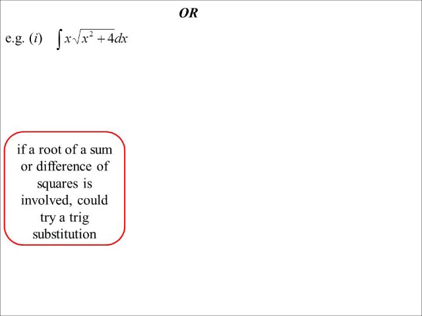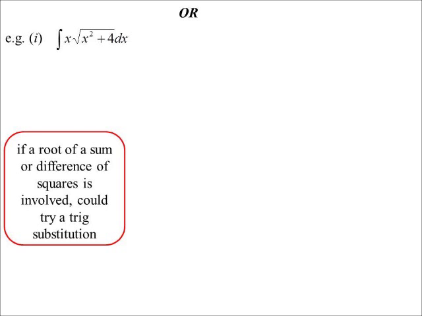So another way I could do this, if you have a look at the root and you see it's the sum or difference of two squares, and x squared plus 4, of course, is the sum of two squares, you might try a trig substitution and try and create a trig identity under the square root sign.